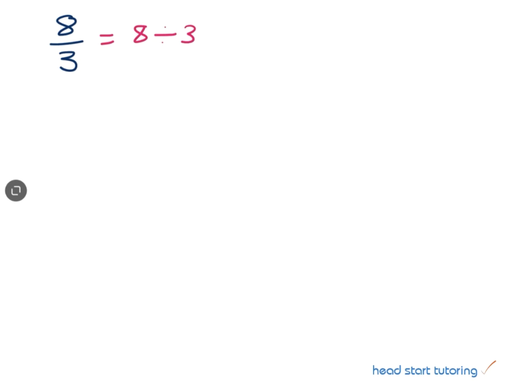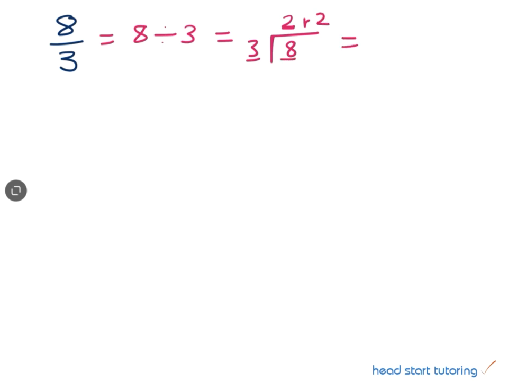So when we want to convert 8 over 3, or any improper fraction, into a mixed number, we need to say 8 divided by 3, or how many times does 3 fit into 8? So what we can do is a little division in our division house. We can say that 3 fits into 8 twice, and 2 times 3 is equal to 6, and the difference between 6 and 8 is 2.